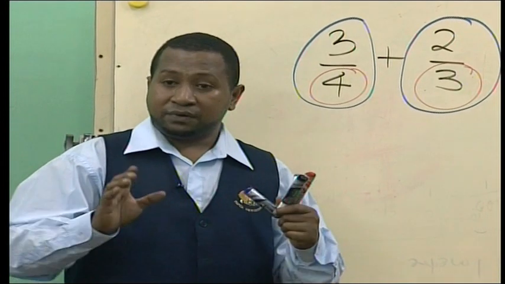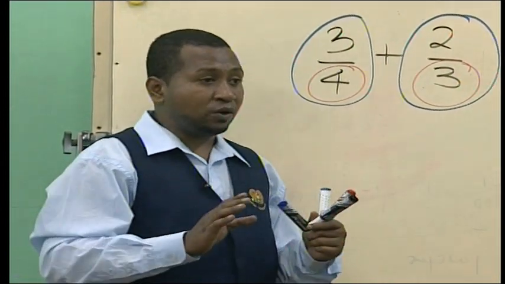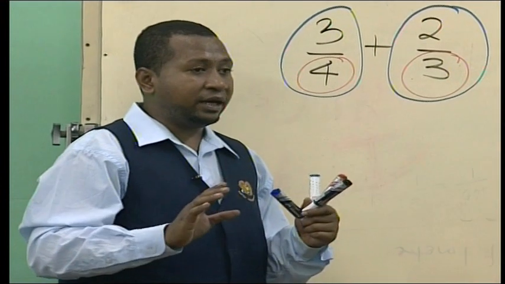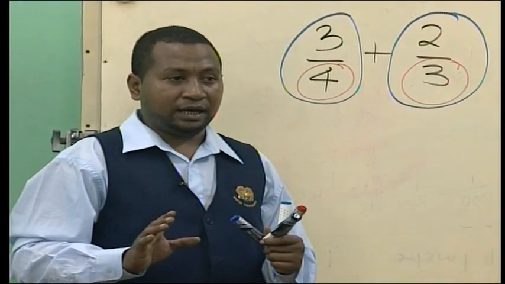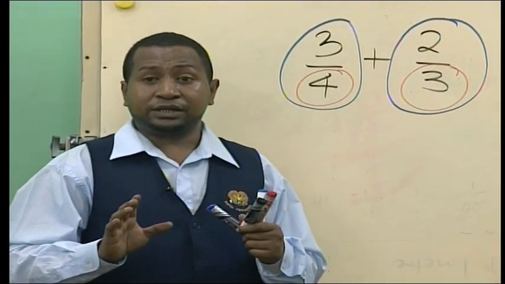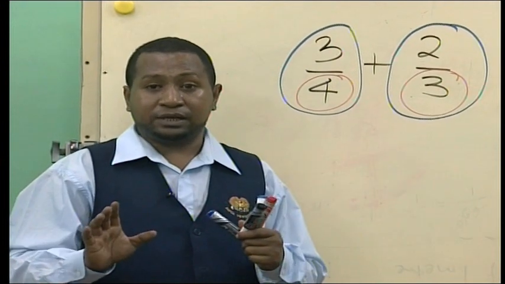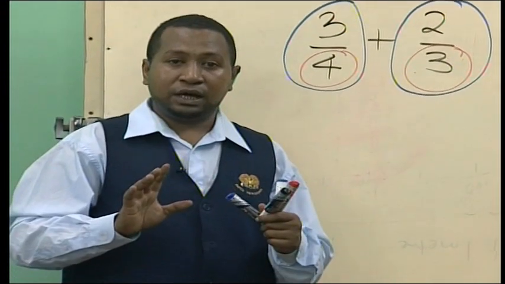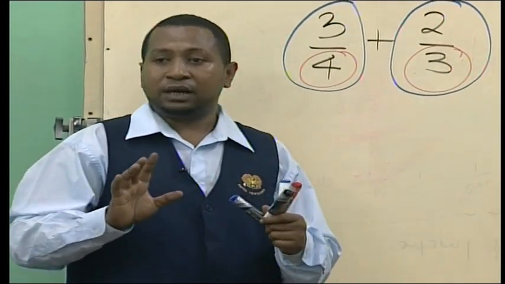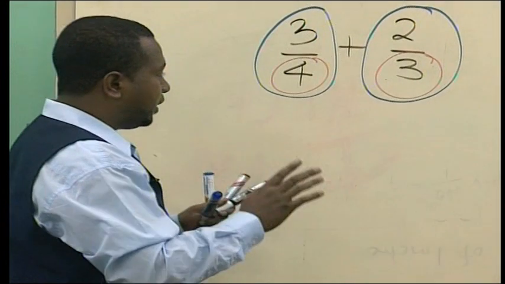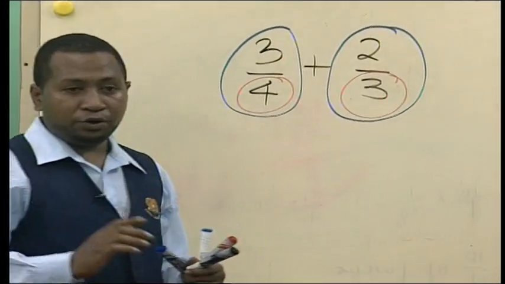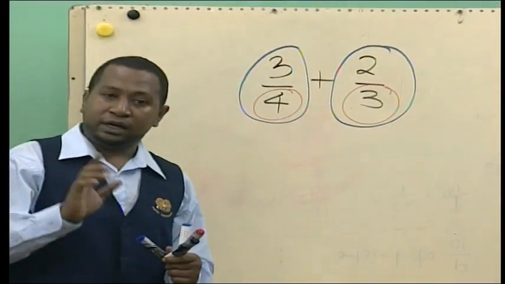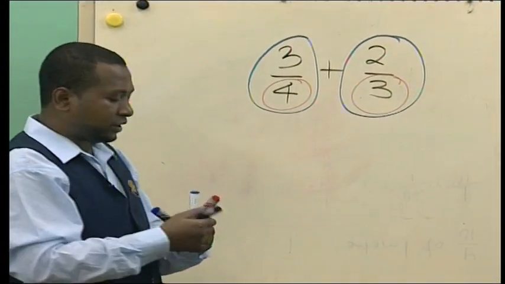It is very easy to add the two fractions because they have a common denominator. When you are adding and subtracting fractions, when you have common denominators, then it will be easier to add and subtract. But if you don't have common denominators, then it will be quite difficult. So we have already found the common denominator and also the equivalent fractions for each of the two fractions.